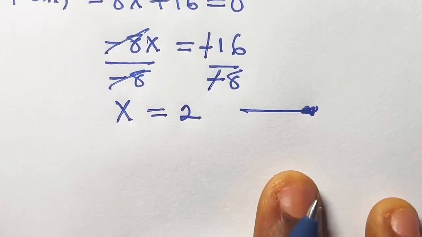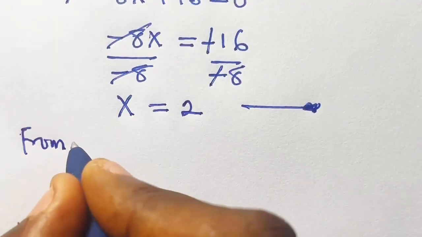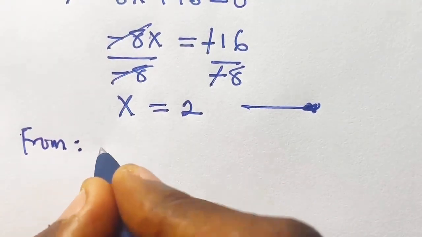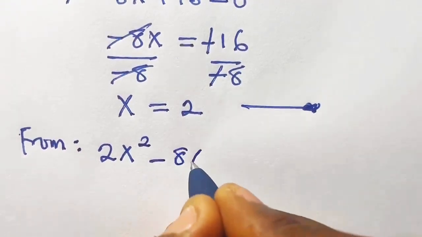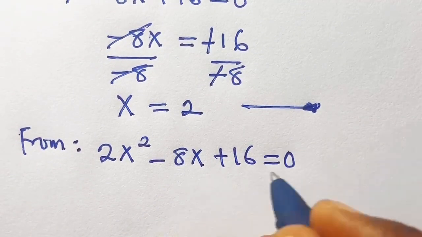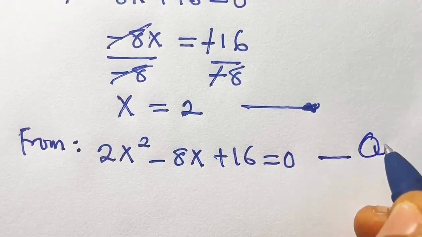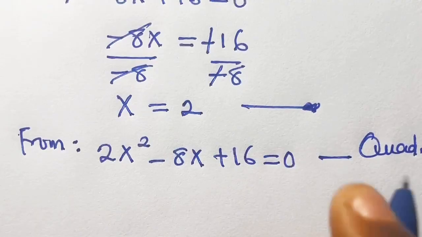Also from our first equation, 2x^2 − 8x + 16 = 0, you observe that this is a quadratic equation, so we have to solve it quadratically.